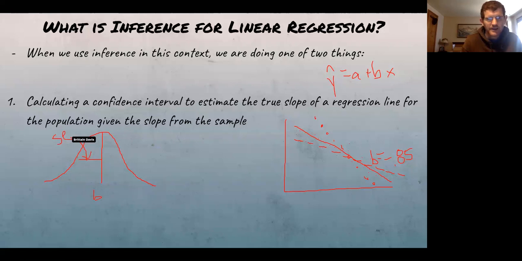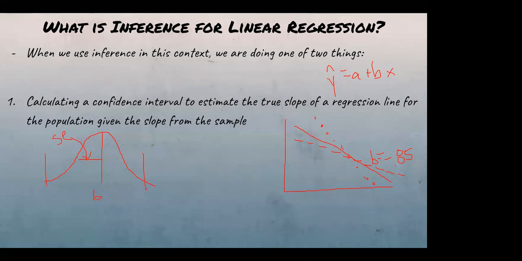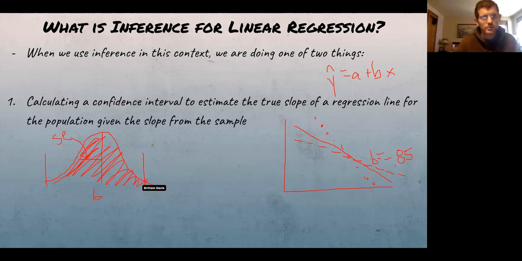If we want to be 95% confident that the true slope is captured by the interval that we create, then we might go out a certain distance and say, all the slopes that fall in this range right here are going to be possible slopes, and one of them is likely to be the true population slope. We're going to dive into all these little bits and pieces in more detail as we go through the lesson today.